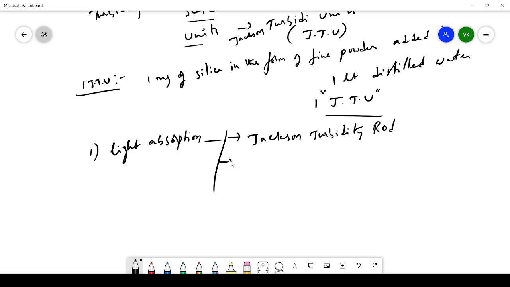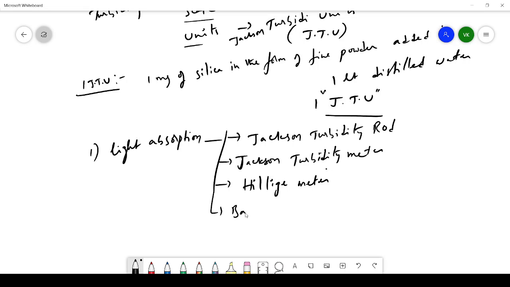Second one is Jackson turbidity meter. Third one is Hailey meter, and the last one is Bailey meter. These are the four devices available to measure the light absorption.